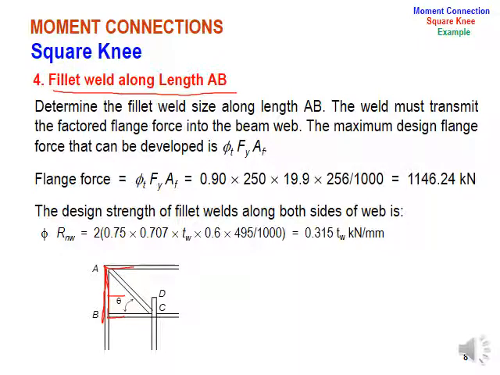For that, you have to do it by yourself. But to find out the weld strength, you need the flange force. The design strength of the fillet weld is going to give you one unknown parameter, that will be TW. If you equate the applied flange force for this particular weld and the weld strength, then you will get the unknown parameter, the thickness of the weld.